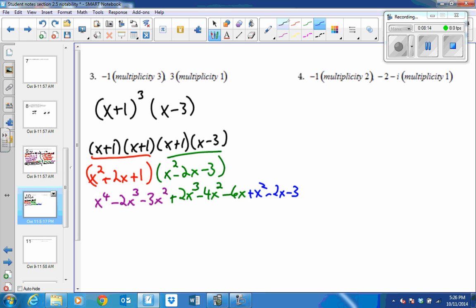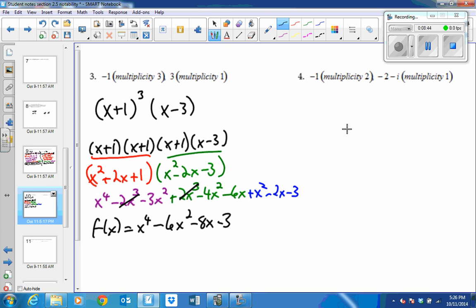So put it all together, and we get f of x equals x to the 4th. These cancel out. Minus 3x squared minus 4x squared plus x squared is minus 6x squared. And then minus 6x minus 2x is minus 8x. And then minus 3.